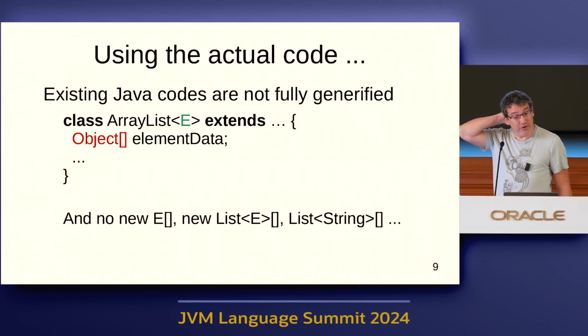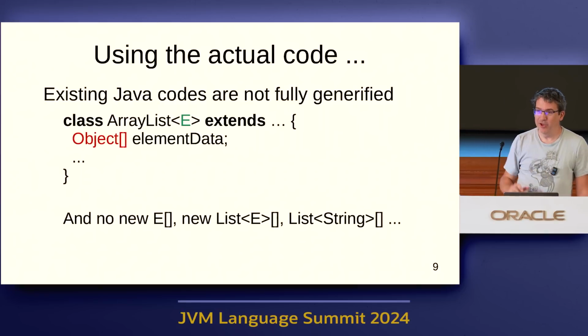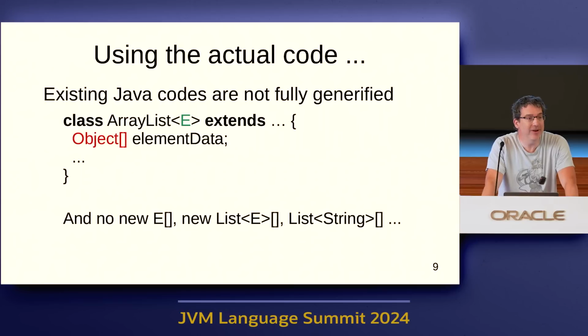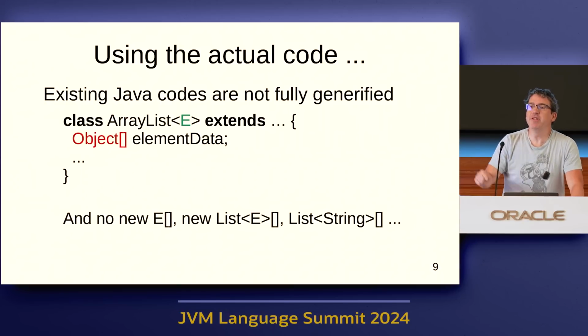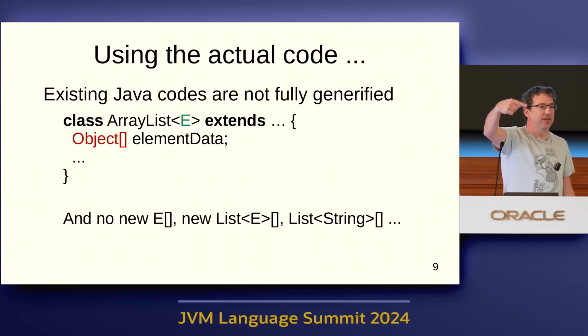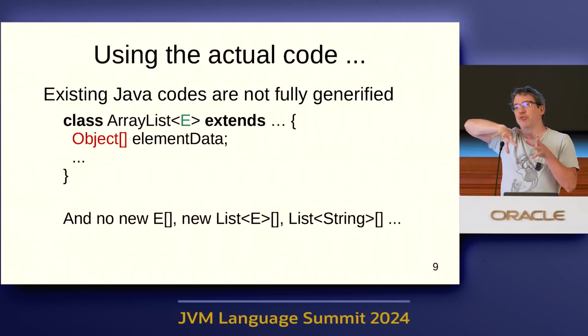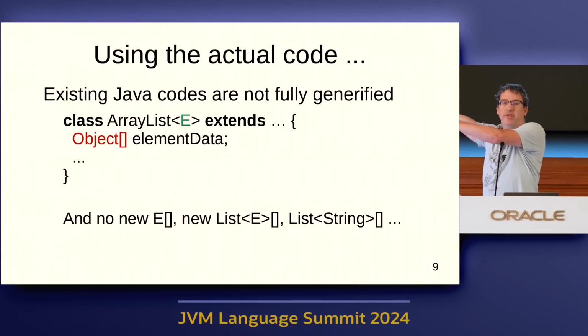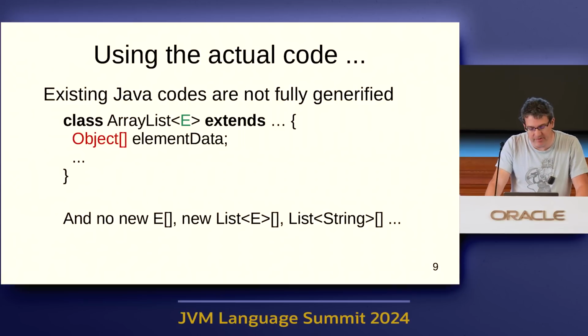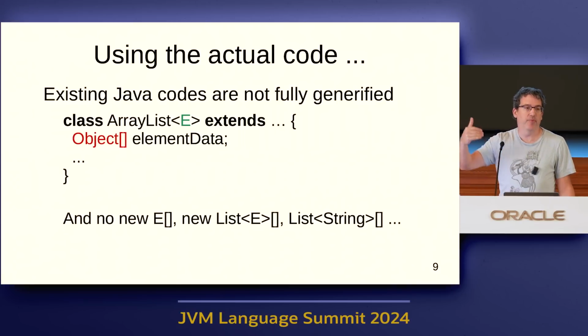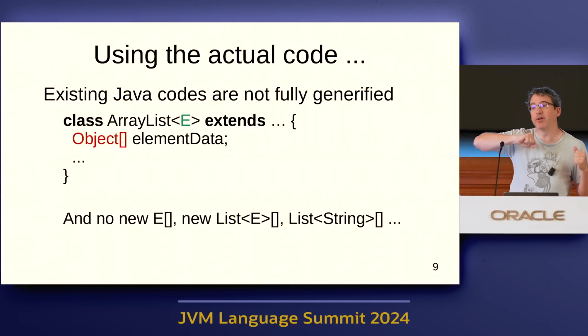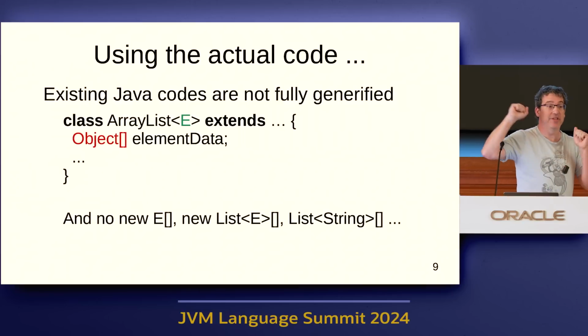Because if you take a look at ArrayList of E, currently the array is an array of objects. So even if we check your code, it will not be the code that we want if we have type specialization. Because if we have type specialization, it should not be an array of objects, but it should be an array of E.